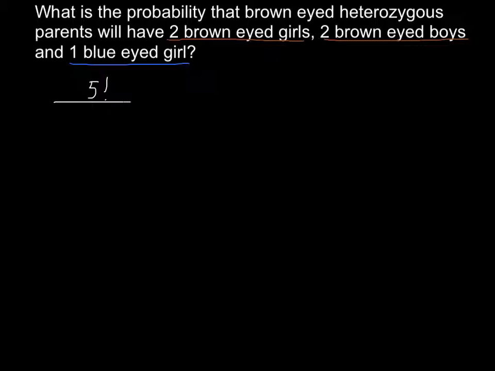And underneath, I'm going to put all the different kinds of children that we are going to have. So we are looking for two brown-eyed girls, two brown-eyed boys, and one blue-eyed girl, in no particular order.